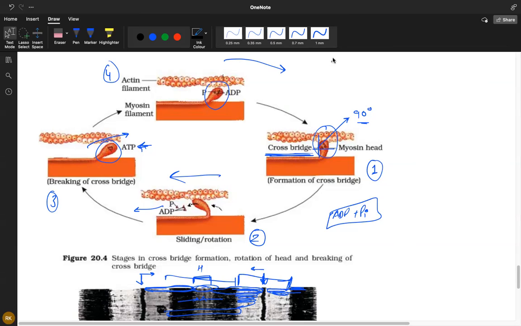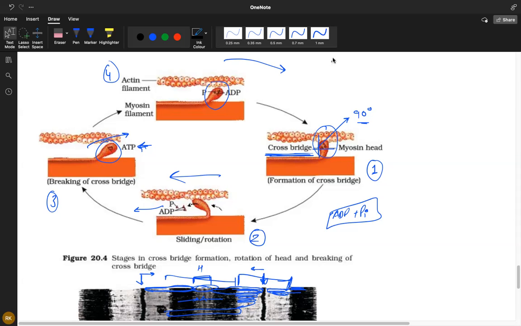Yes, sir. But when you stop doing that, what will happen to the muscle? What are you changing in the muscle? You are changing the calcium influx.